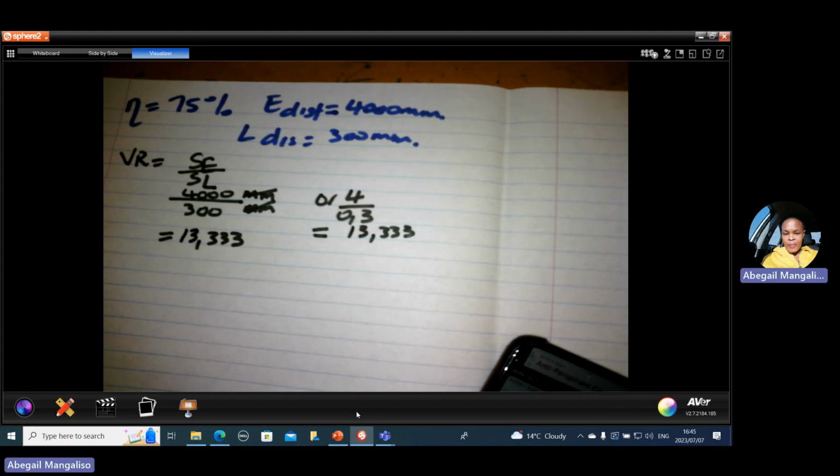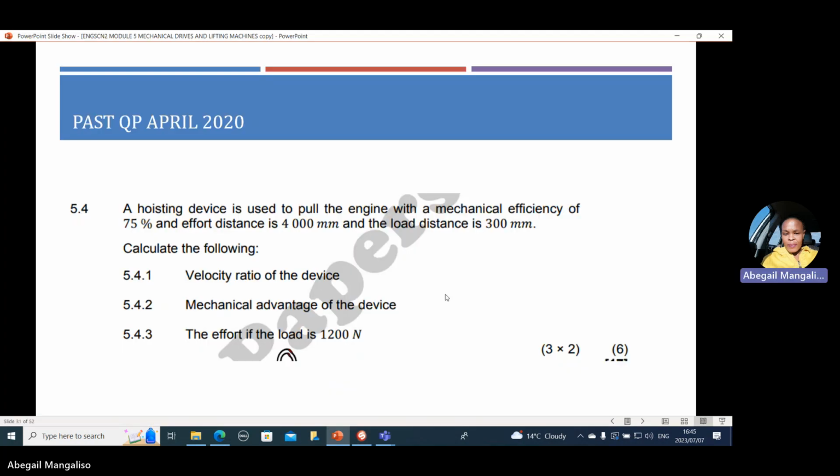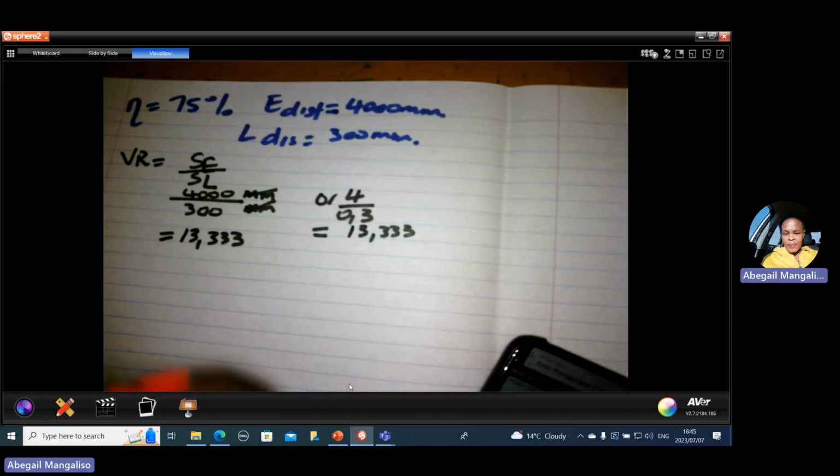Next question. Calculate the mechanical advantage of the device. Mechanical advantage is given by the formula load over effort. MA is load over effort.